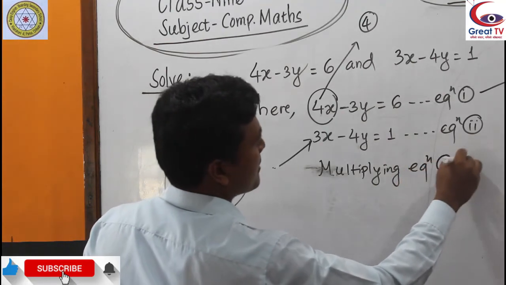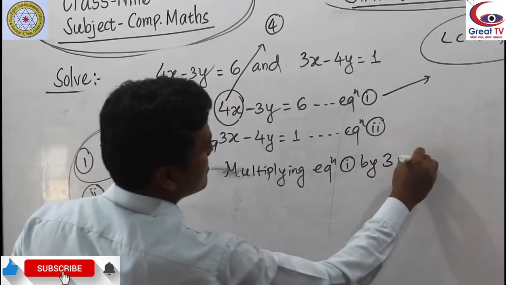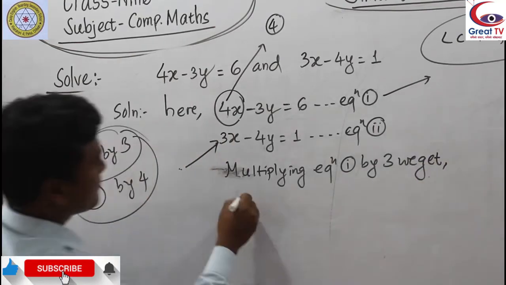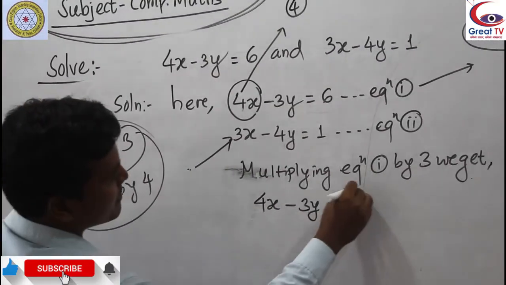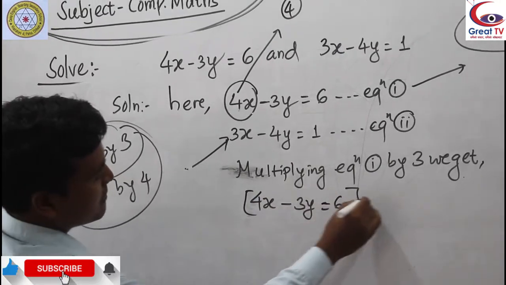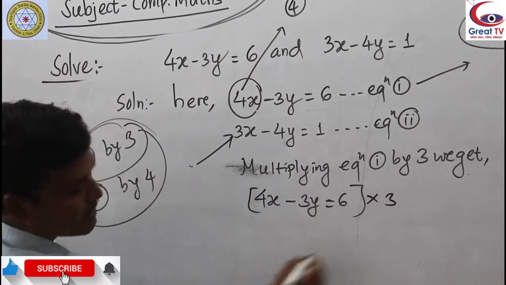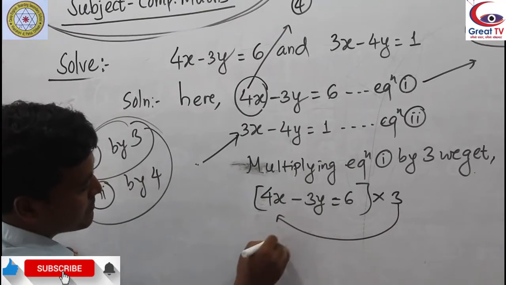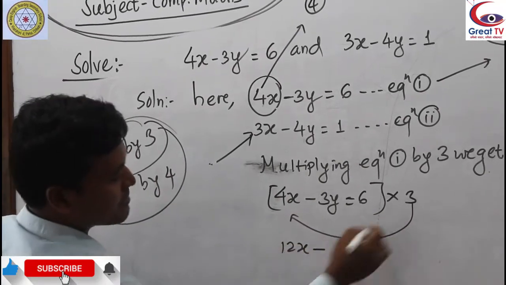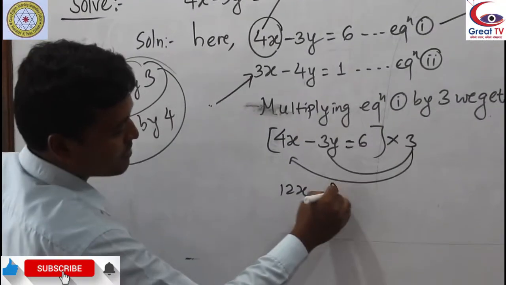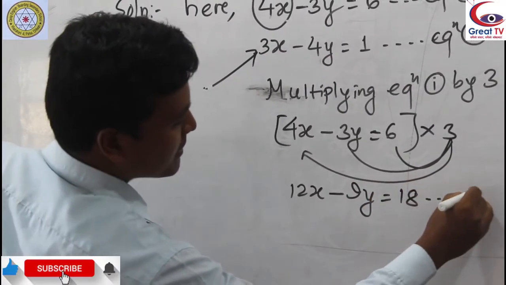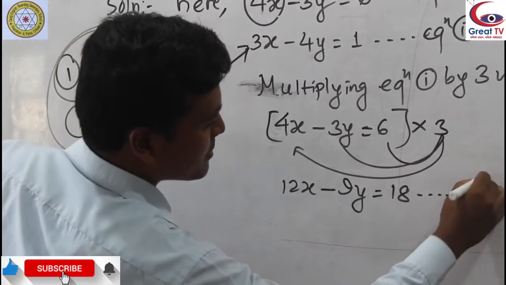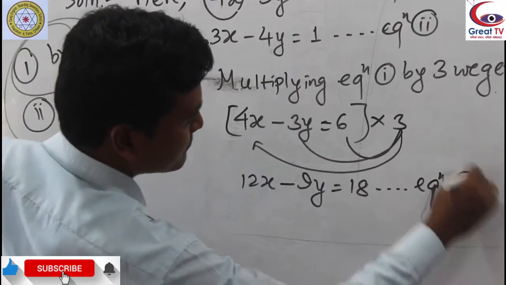Okay, let us multiply equation first by 3. We get, first means 4x minus 3y equals 6. We are multiplying by 3, you know very well: 12x minus 3 times 3y, 9y, equals 3 sixes are 18. Let us consider it equation third.